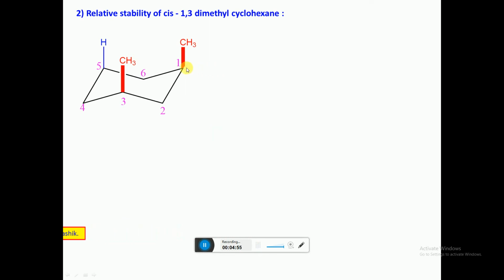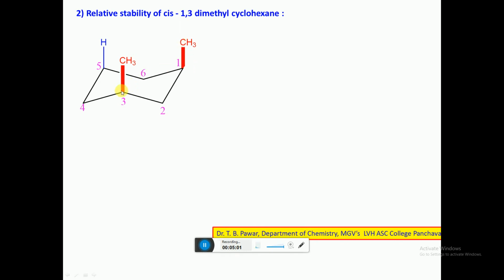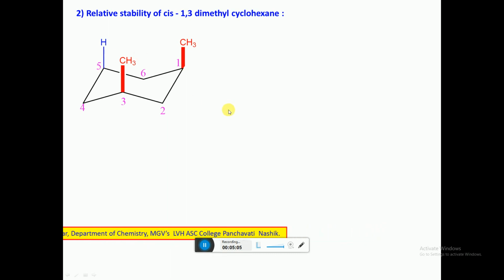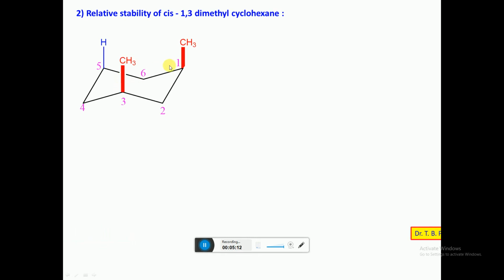See, at carbon number 1 the CH3 is gauche to carbon number 3, and the C1 CH3 is gauche to carbon number 5. Similarly, at carbon number 3, the CH3 is gauche to carbon number 1 and gauche to carbon number 5.